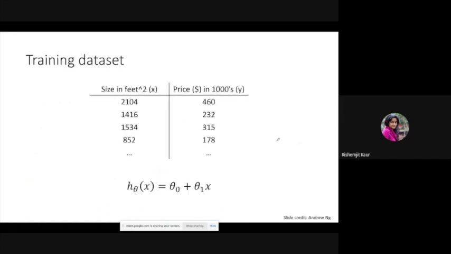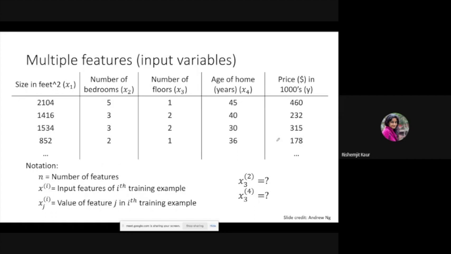Now there are a couple of other features that we can look into. For example, we talked about univariate. What if we have multiple features? We have size, number of bedrooms, number of floors, age of the home, as we have seen in that data set, right?